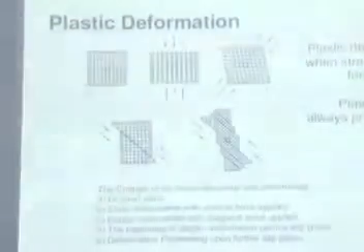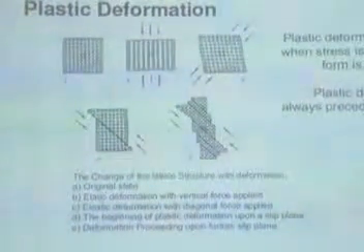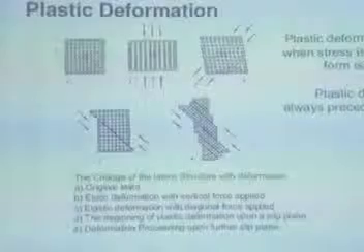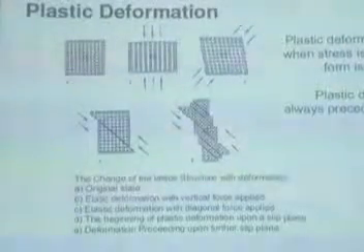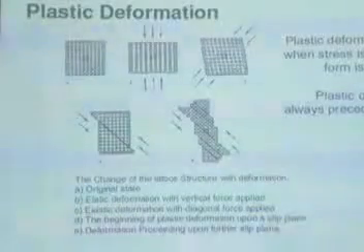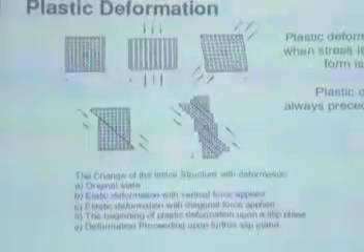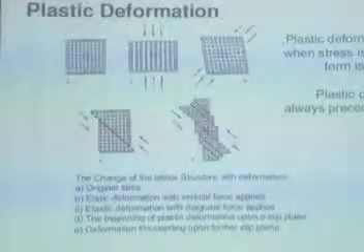So here, if you see the change in the lattice structure with deformation, if you apply force and then remove it, it is changed. For example, now it is changed. This is the original state.